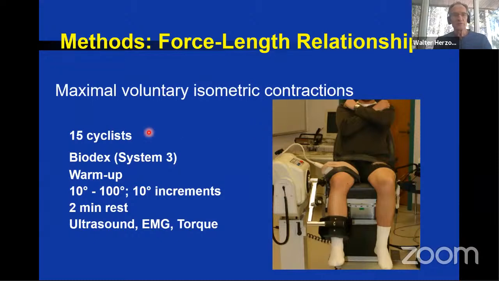So here, for example, we had 15 cyclists where we measured the torque angle relationship of the knee extensor muscles, and simultaneously with ultrasound measured the lengths of the fascicles of the vastus lateralis to obtain a torque angle relationship and also a relationship between the torque and the fascicle lengths of the vastus lateralis.